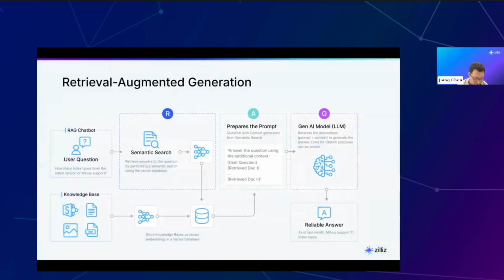I will have to say that right now the most popular use case of vector search is retrieval-augmented generation, and that's also a central topic of today. As you may have seen before, retrieval-augmented generation usually consists of two parts.